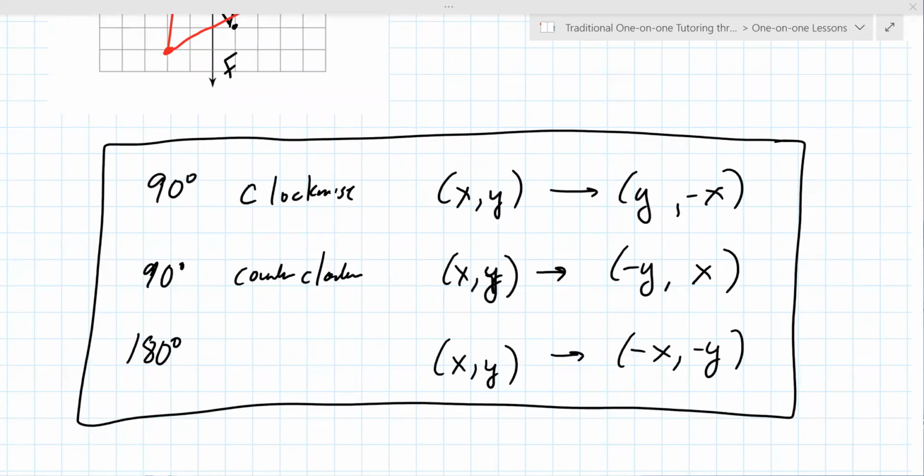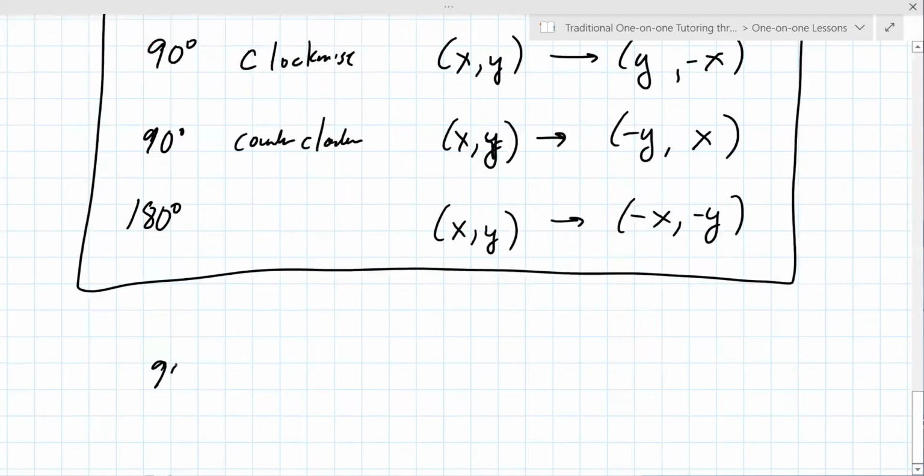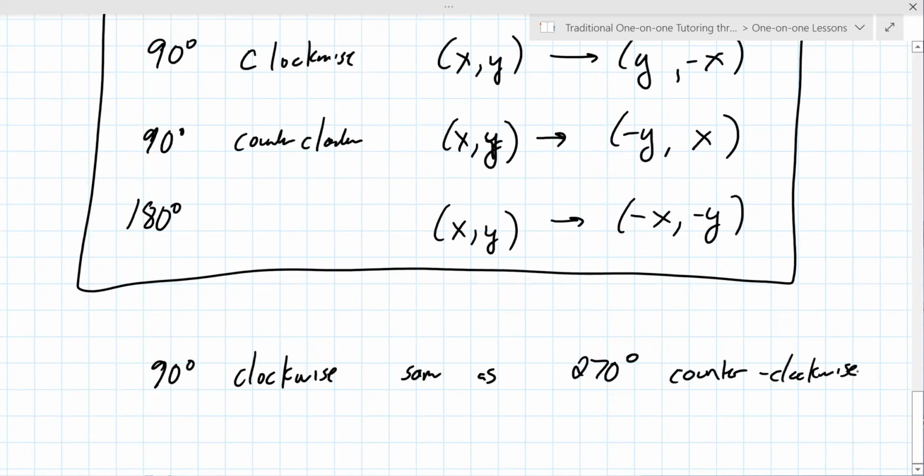So if you've got that down, the only other comment I'll make is that 90 degrees clockwise is the same as 270 degrees counterclockwise. So sometimes instructors like to give you one that's just disguised as one that you already know.